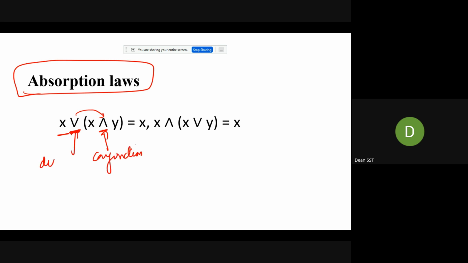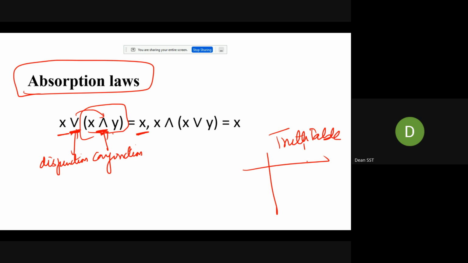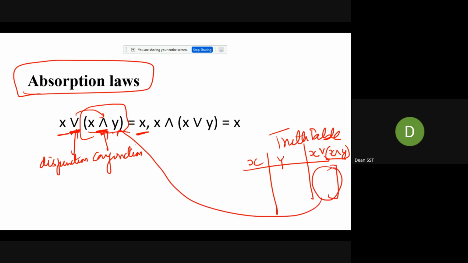So X disjunction, inside the bracket conjunction, is equal to X. Anything you can prove using the truth table. Simply write values X, Y and find X disjunction, X conjunction Y. Automatically you will get the values and you will be able to prove.